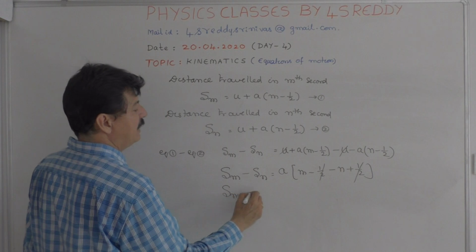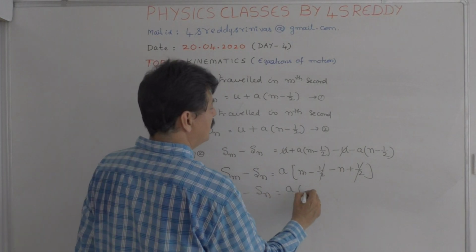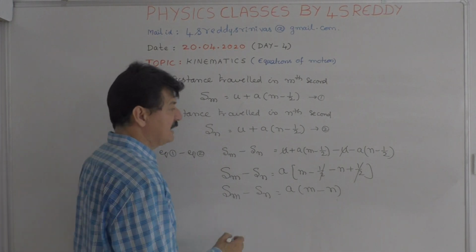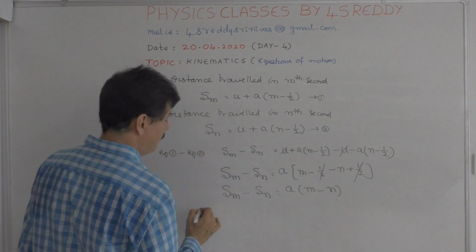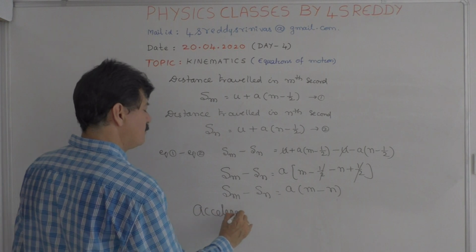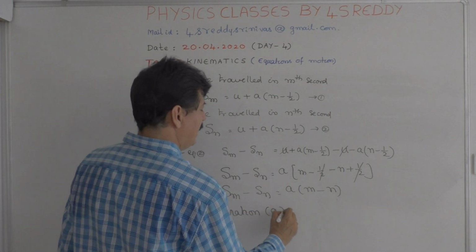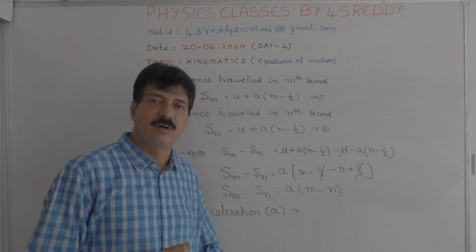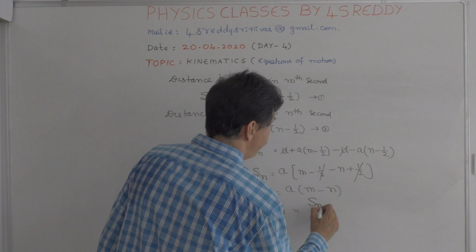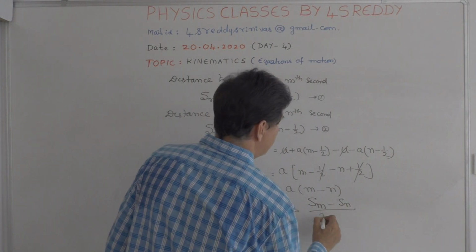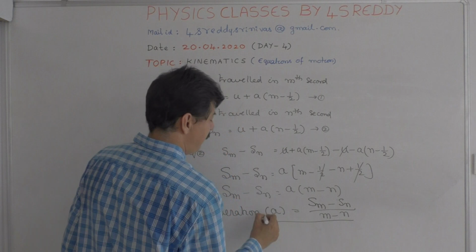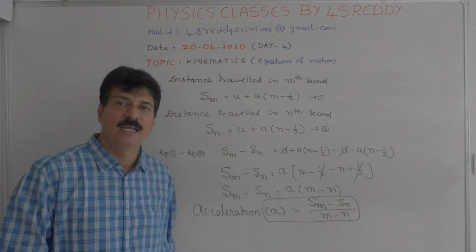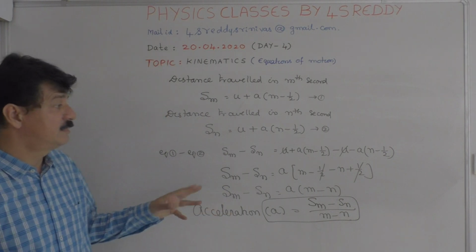Therefore, Sm minus Sn equals a into m minus n. Therefore, the acceleration a equals Sm minus Sn by m minus n is the formula.